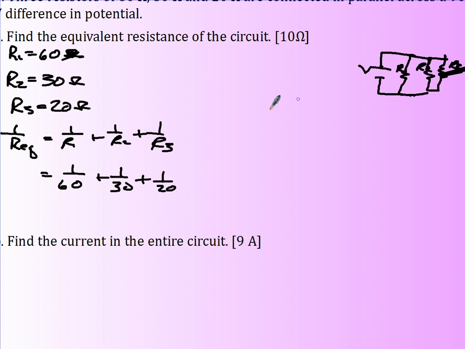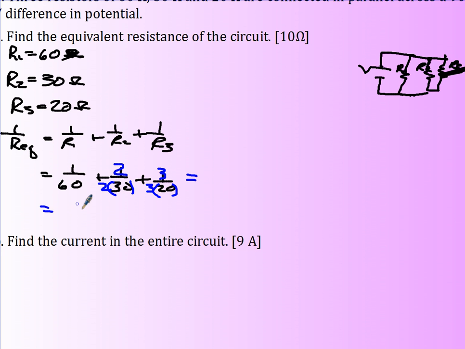The least common denominator here is 60. All right? So I don't have to do anything to 1 over 60 to get it to be 60. 1 over 30, to get it to be 60, I need to multiply by 2. 1 over 20, to get it to be 60, I need to multiply by 3 over 3.